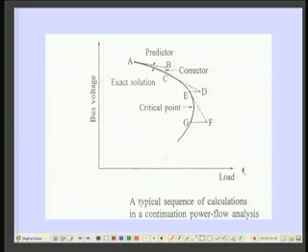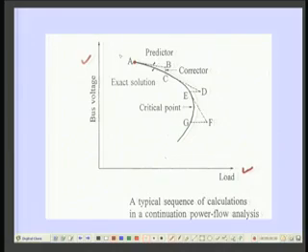To understand this basic concept, let us look at this graph. It shows the load on this axis and the bus voltage on this axis. This is the PV curve, which or part of which can be plotted by repeated application of load flow analysis.